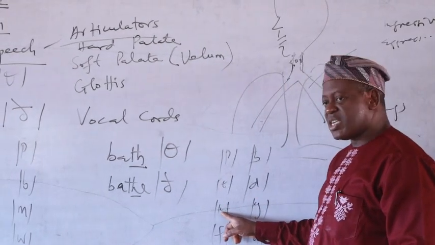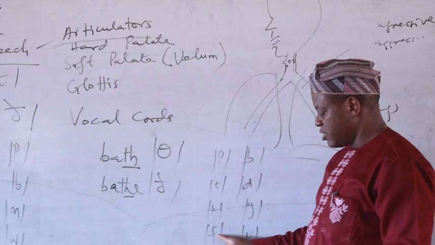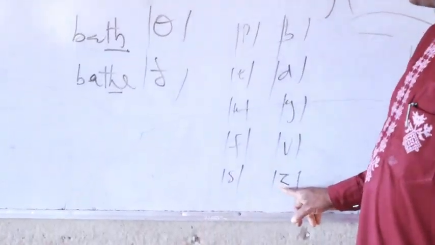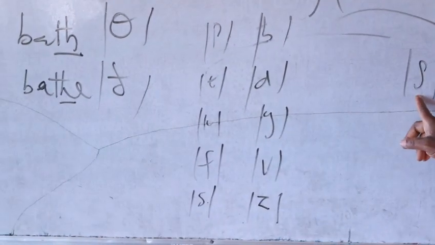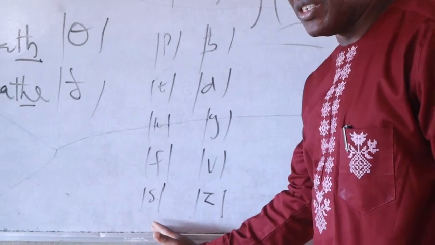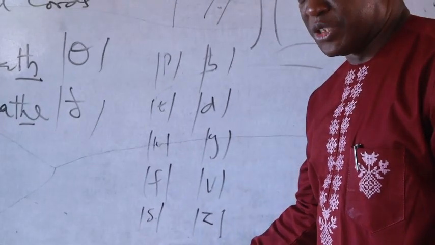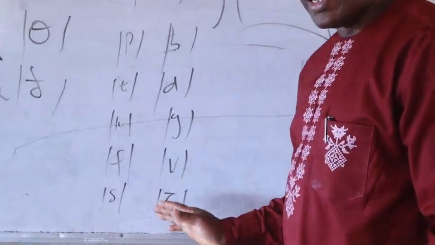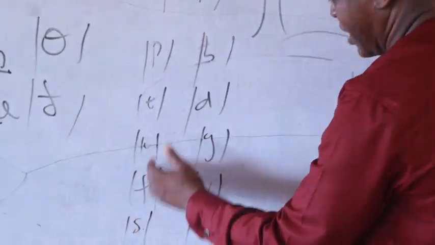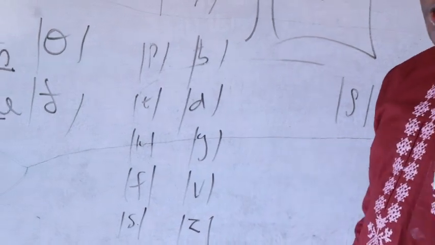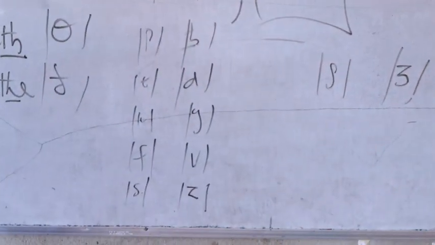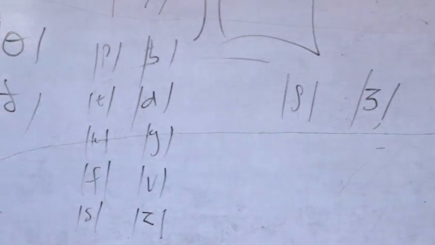D. G. G. Z. Did you notice that while pronouncing the first set here, there was no vibration? When pronouncing this, there is a vibration, which means these sounds are voiceless. These ones are voiced. So that's how we come about voiced and voiceless sounds.